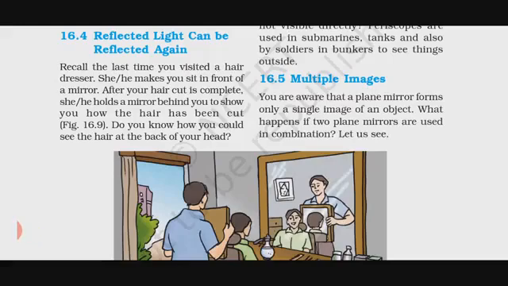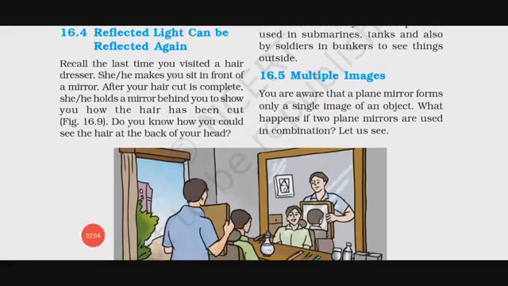Because of multiple reflection, the light comes and hits this mirror, and the reflected light goes back and hits this mirror, and here the reflected light goes again and hits this mirror.